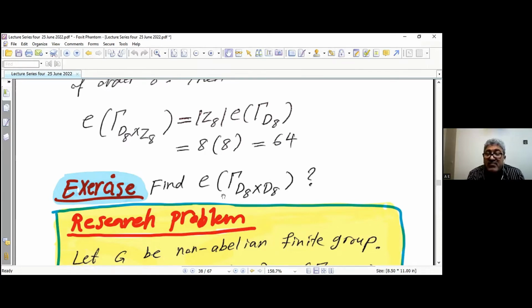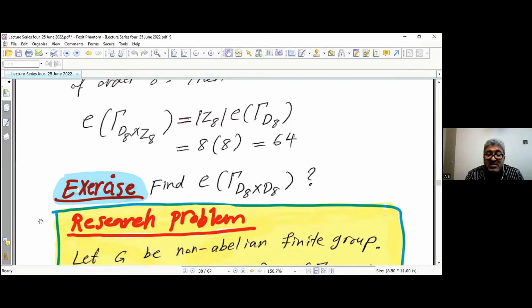Here we cannot use the above theorem, because the first dihedral group of order 8 is non-abelian, and the second dihedral group of order 8 is also non-abelian. So the exercise asks for the energy of the non-commuting graph of the direct product of two copies of the dihedral group of order 8.